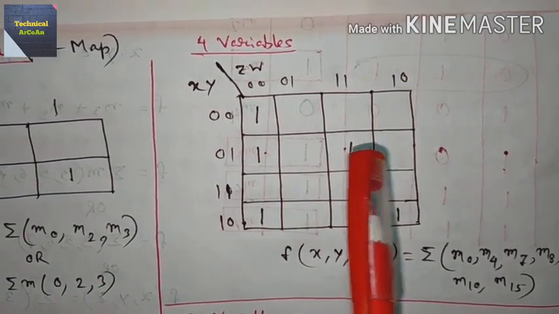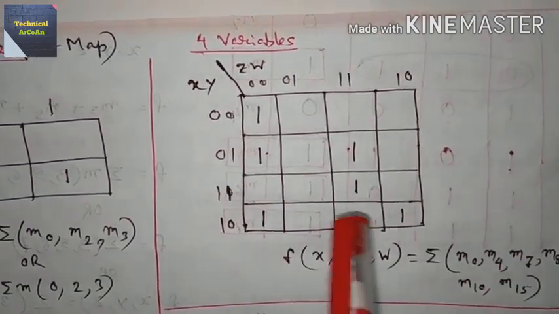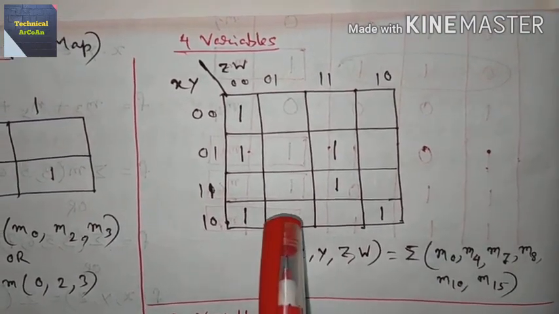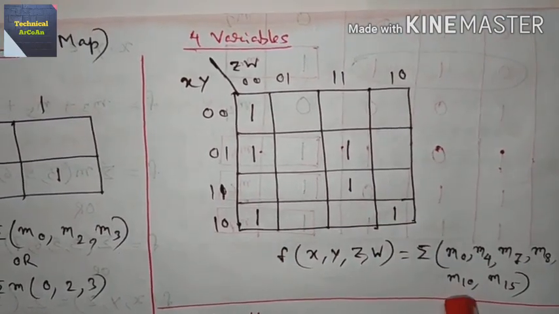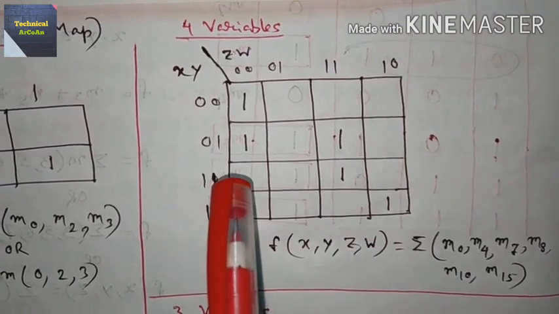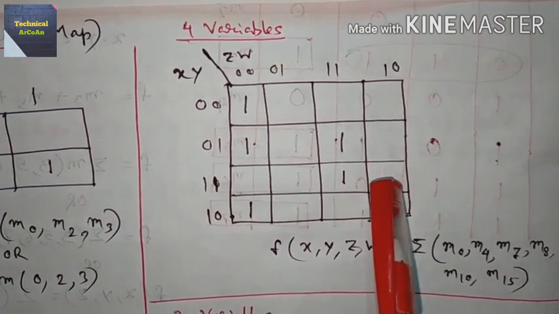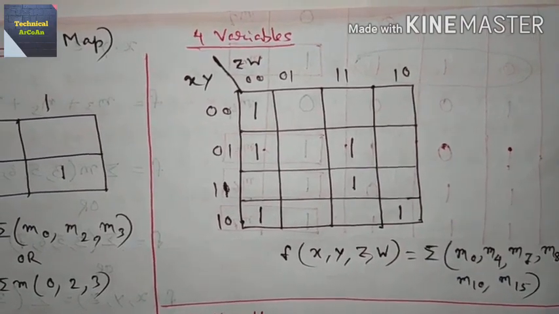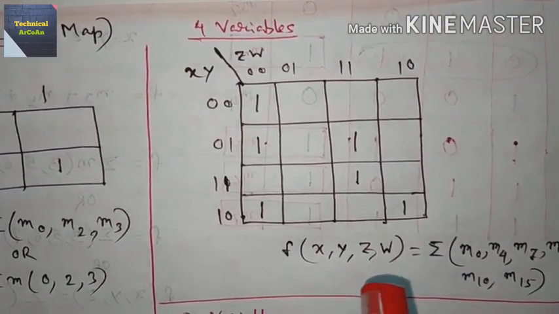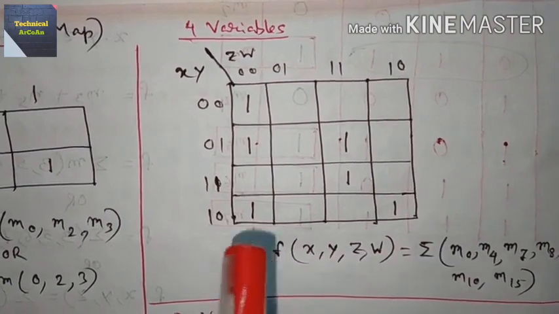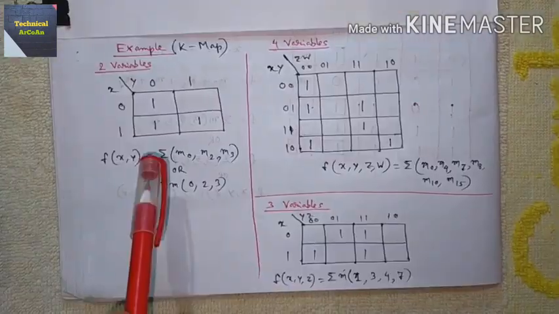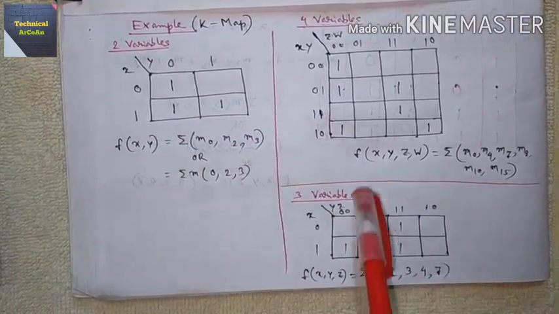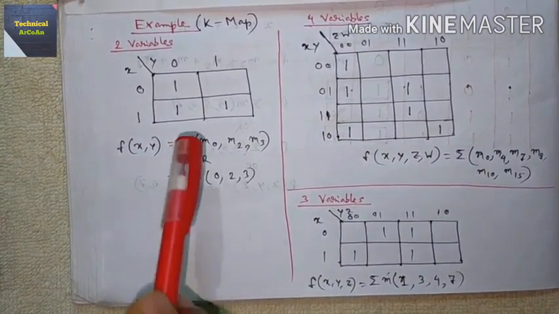Next m5, m6, m7. Yes, m7 is there. Next m8. Yes, m8 is there. 9, 10. Yes, m10 is there. 11, 12, 13, 14, 15. m15 is there. So when we get this type of expression, we can put it in a Karnaugh map where 1 is given in a particular cell for 4 variables. So in that way, for 2, 3, and 4 variables, we have put the values in.